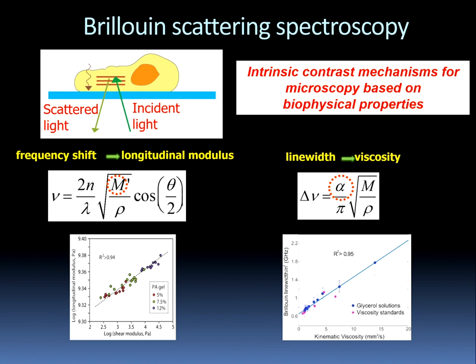This is another one of these calibrations. So from a practical standpoint, you are doing high resolution spectroscopy, and based on that you get intrinsic, label-free contrast mechanisms that we use as a base for microscopy, which gives you information about the biophysical properties of materials.